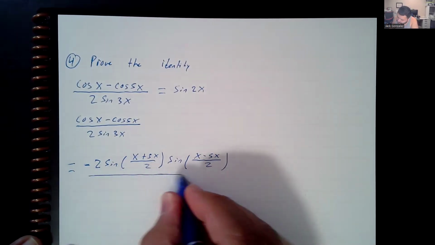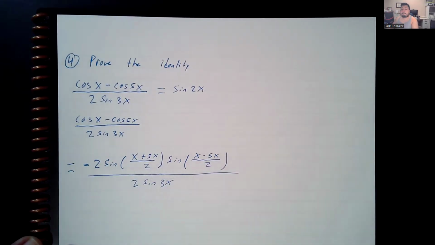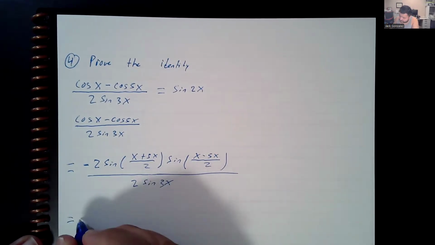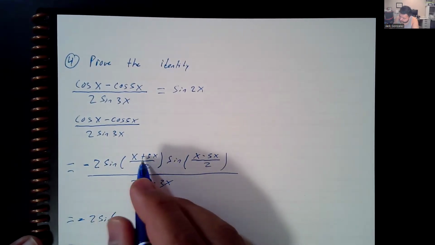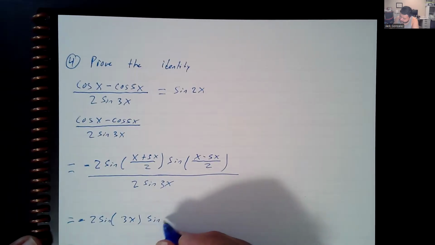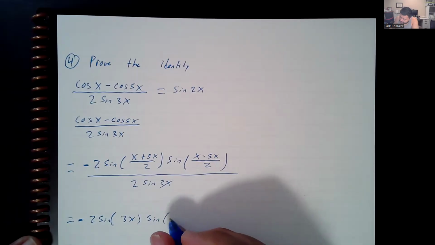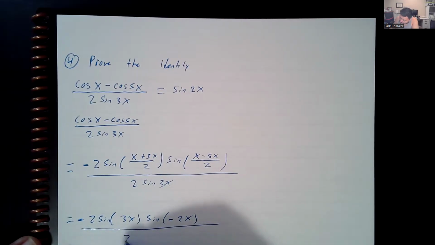Everything over 2 sine 3x. Right there. Okay. So this would be negative 2 sine 6 divided by 2, it'll be 3x. X minus 5x would be negative 4 divided by 2 is negative 2x. All over 2 sine 3x.